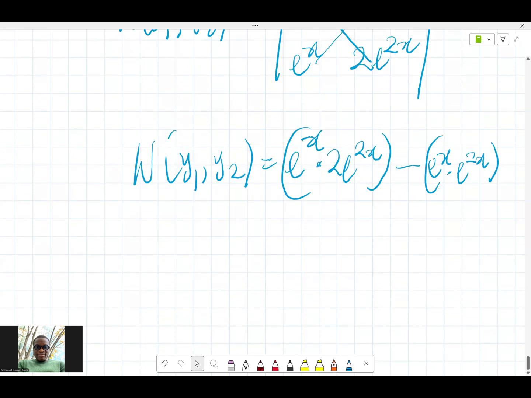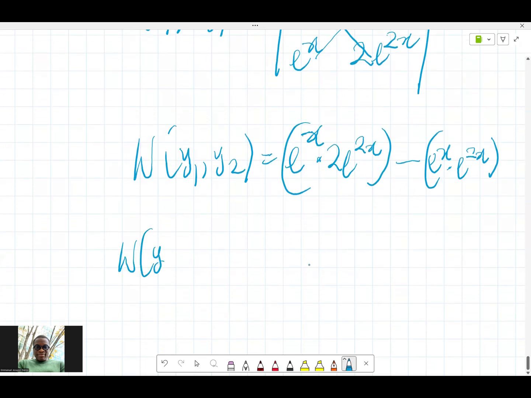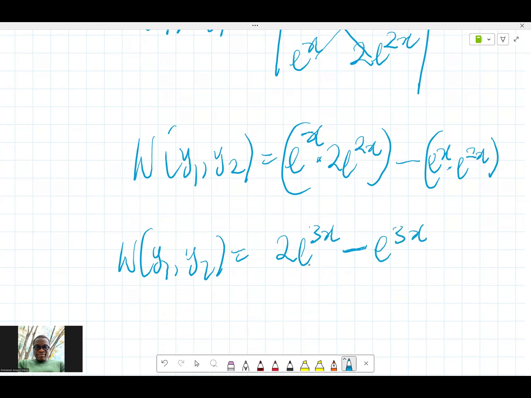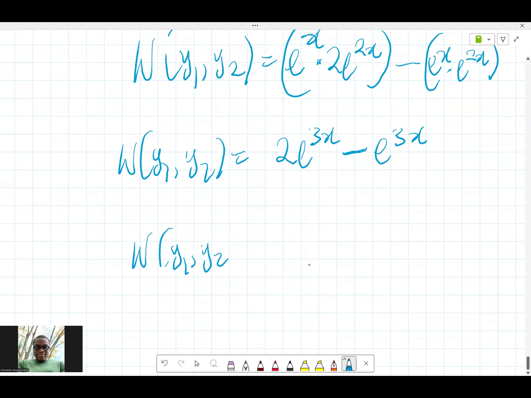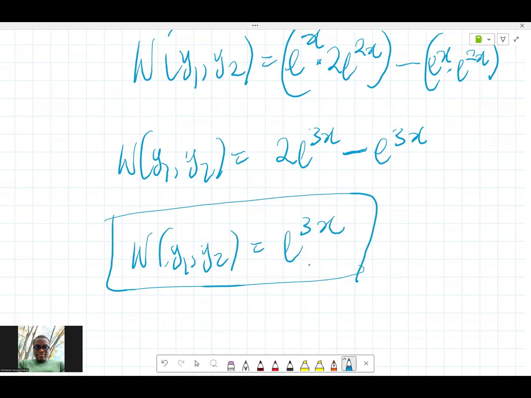So that is 2e raised to the power 3x minus e raised to the power 3x. So the Wronskian is simply e raised to the power 3x. So this is our Wronskian, which is really important here.